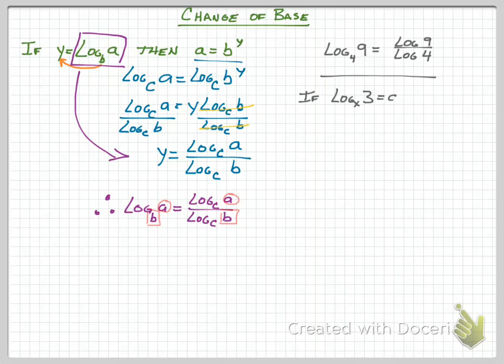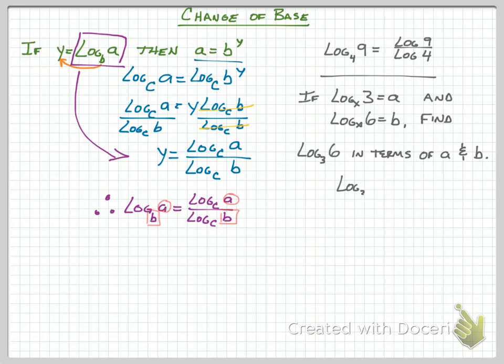Okay, so this one's a little bit more extensive. If log base x of 3 equals a, and log base x of 6 equals b, find log base 3 of 6 in terms of a and b. All right, so what does this mean? This means basically we want to rewrite log base 3 of 6, and we want to only use the terms a and b. So that means we're going to have to change the base to x, log base x, so that we can use a and b.